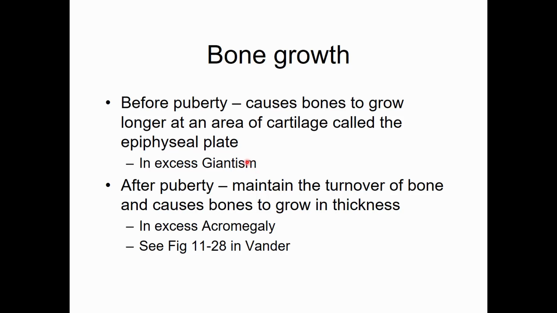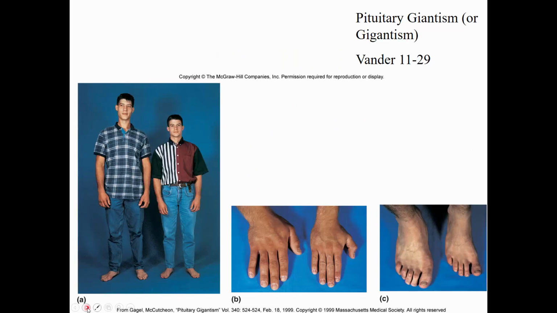Giantism, gigantism, they're both correct. After puberty, the epiphyseal plate has sealed. So you're not going to grow taller, but your bones will grow thicker. And excess growth hormone after puberty is something called acromegaly.